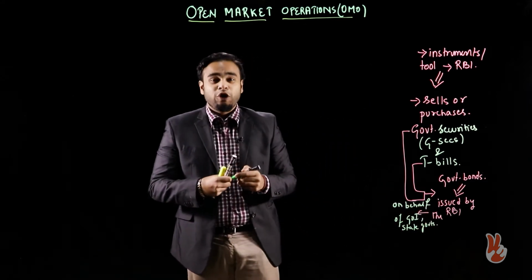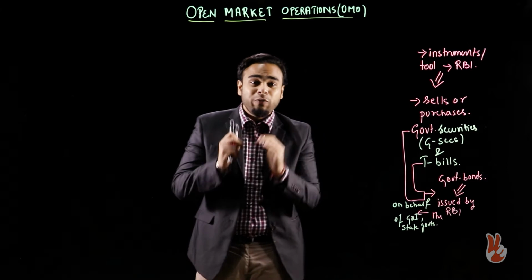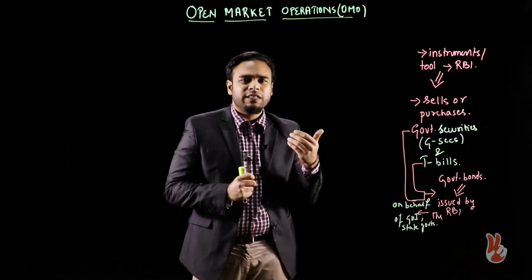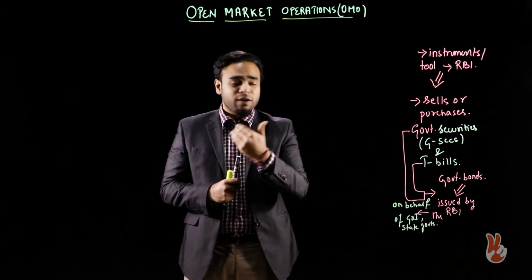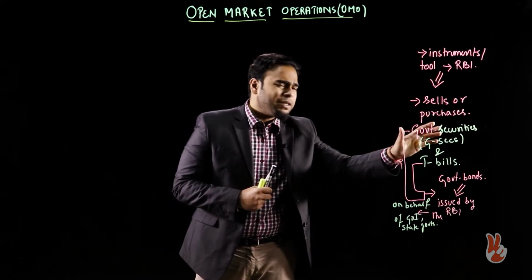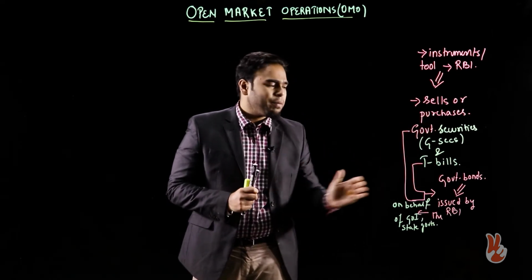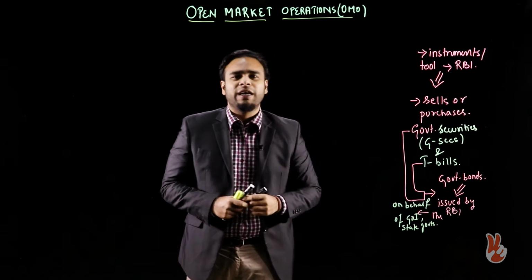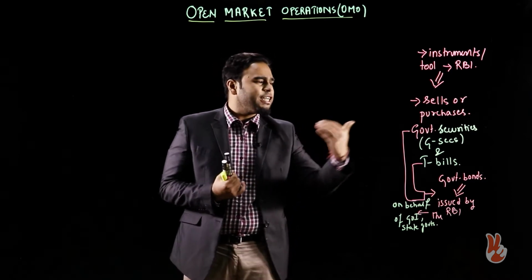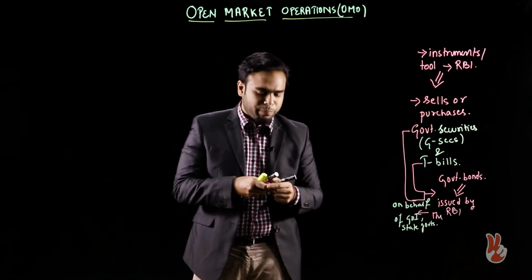Fine. Now here we have to understand, first what did we understand? That government securities or G-Secs, which are also called as gilt edged securities, or T-bills are nothing but government bonds which are issued by the RBI. Now here you have to understand what is the difference between G-Secs and Treasury bills.